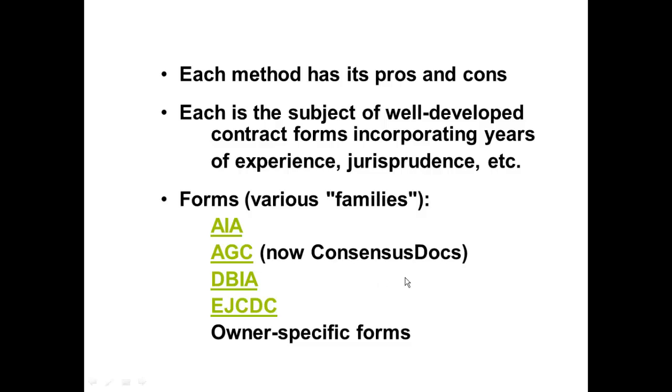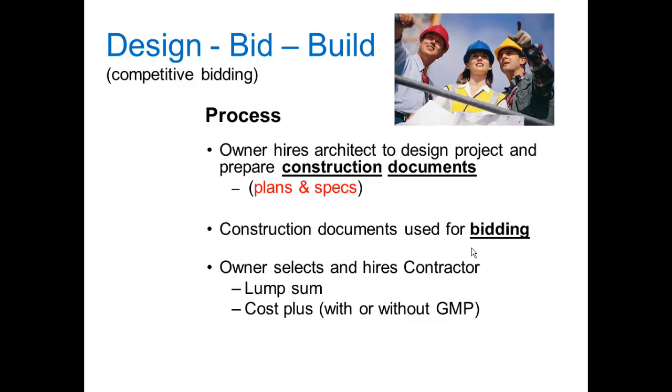All would reuse these forms, and the forms are made up of front-end documents, general conditions that cover basically everything, and then specific items within the project would be covered under other spec sections, and we'll look at those a little later on in the semester when we start talking about specifications and drawings in general, and we have an example of that in some of the files that you have out there.